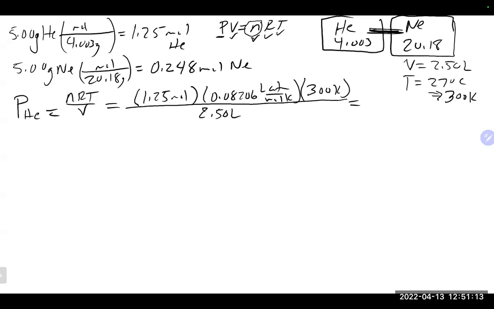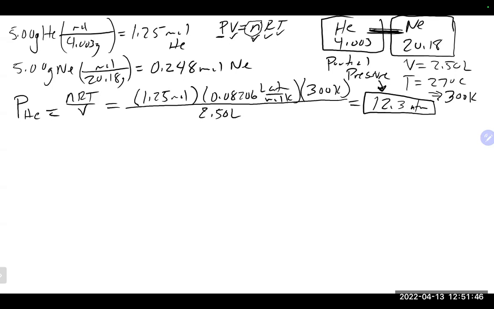Everything's going to cancel out except for atmospheres here. So that will give us 1.25 times 0.08206 times 300 divided by 2.5. And that's going to give us approximately 12.3 atmospheres. The 12.3 atmospheres represents the partial pressure of helium in this particular case. Any questions on that calculation there?